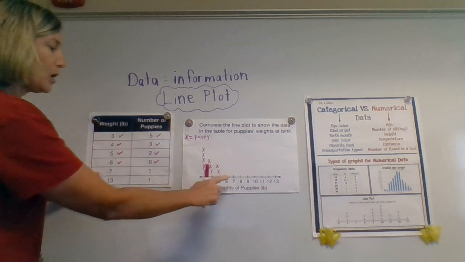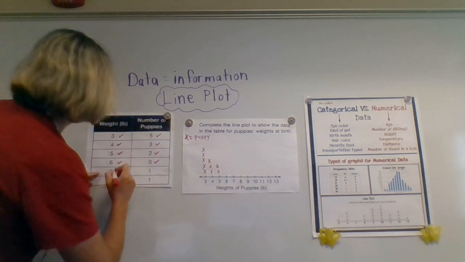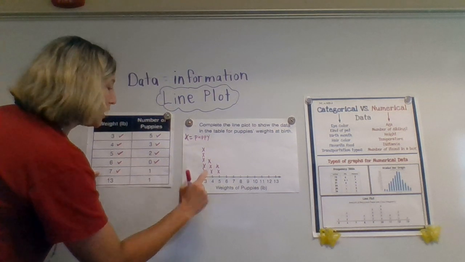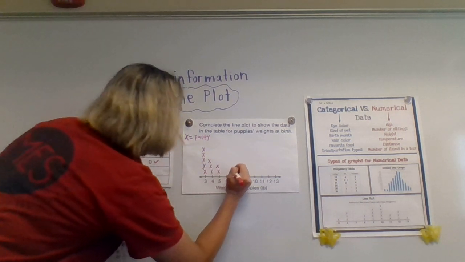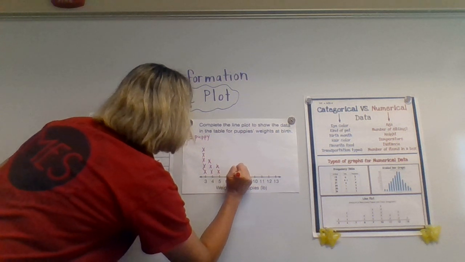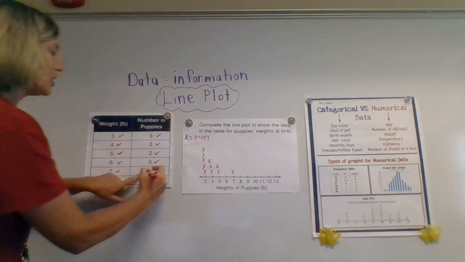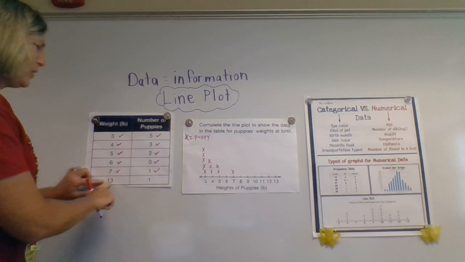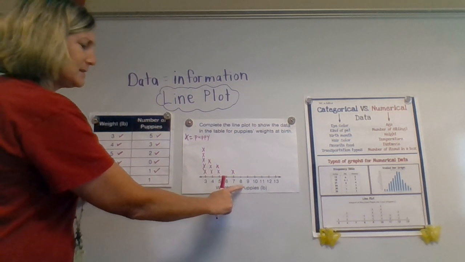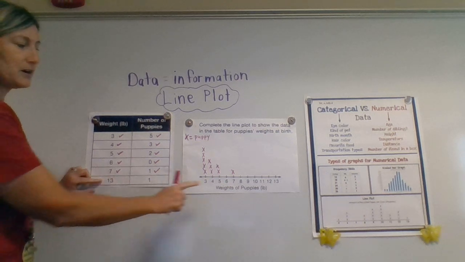All right, so our next weight is 7, okay? So we're going to check off 7. And how many puppies weighed 7 pounds? We're going to put that X right there because it's just 1, okay? Now, we don't have any other weight until we get to 13.